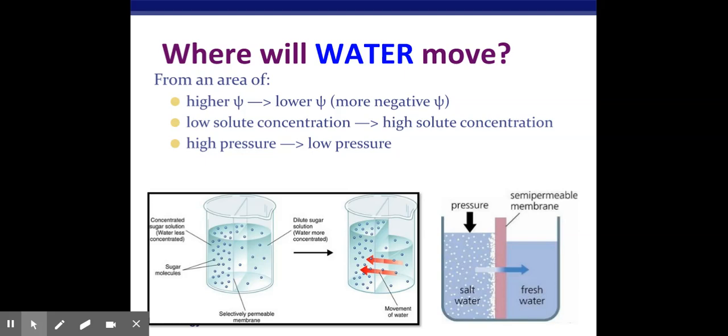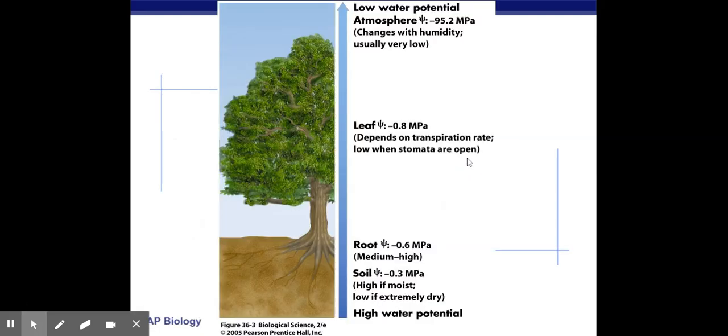It could be glucose, galactose, maltose, lactose, pick your favorite sugar, they're all going to contribute the same. If you have more of them, it's going to have a more negative water potential, which means water wants to rush in that direction. In the other example on the right, we have salt water versus fresh water, and pressure could be used to force the water across that membrane, from the higher pressure to the lower pressure.